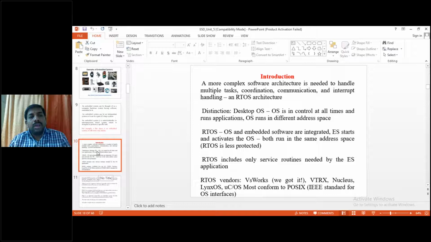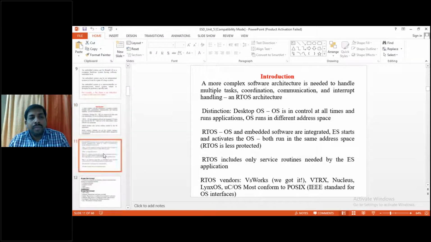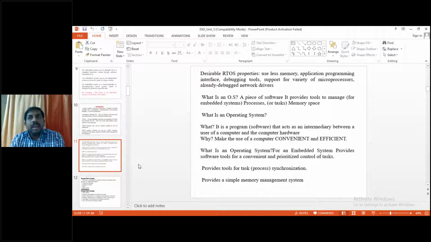So you have seen what is an OS, a general purpose OS, and an RTOS. And an RTOS has a kernel, which has a set of services, and these services are memory management, time management, and file system management. This kernel and operating system is stored in a kernel space.